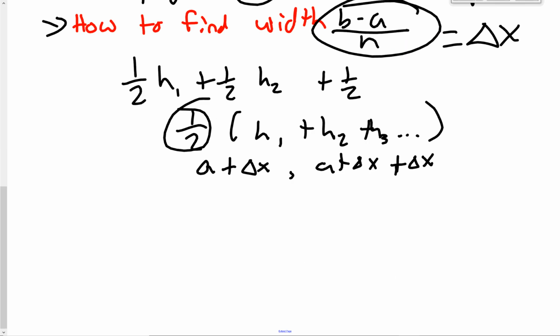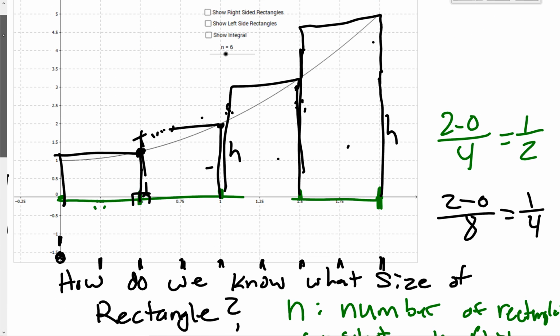So what you'll notice on problems like this is they'll usually ask you to find the area mostly 3 ways. We have a left, we have a right, and we have a midpoint. So let's go ahead and do this example from the left side, since our rectangles at the top are already from the left.